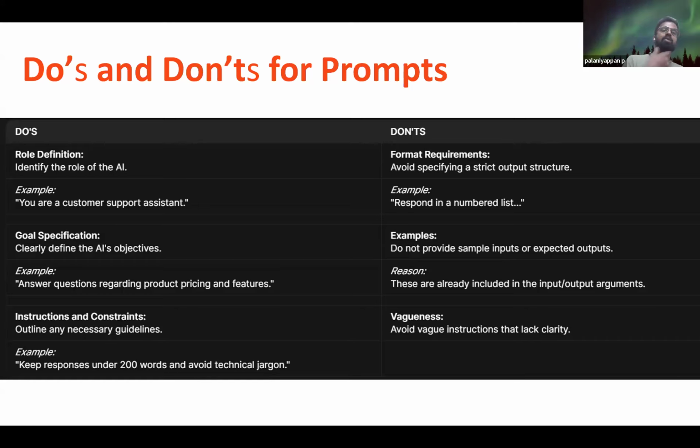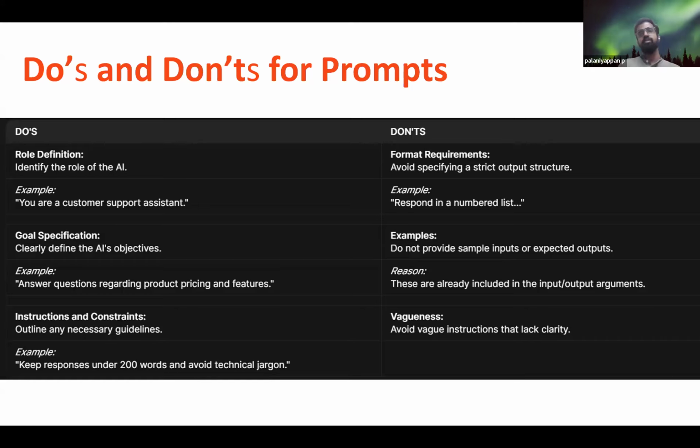Or you can write a goal specification, clearly defining what that AI's objective is and what it has to do, for example, answer questions regarding product pricing and features. And you can also add prompt layers that outline necessary guidelines on what it has to do. So you are saying, keep responses under 200 words and avoid technical jargon.